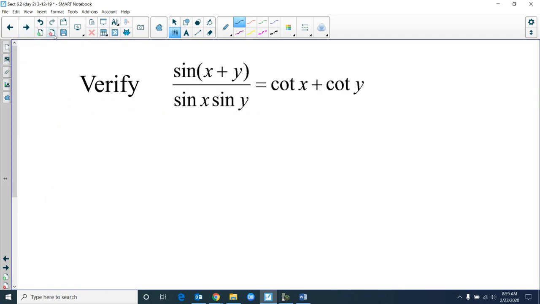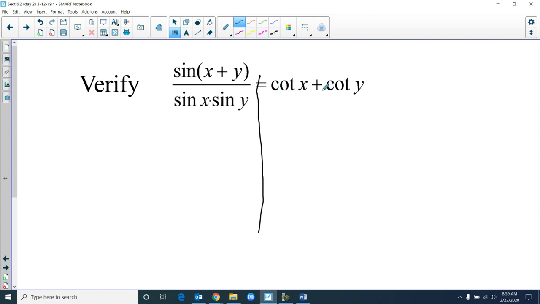All right, last one. All right, another identity set up a little bit differently. Sine of x plus y divided by sine of x times sine of y equals cotangent of x plus cotangent of y. All right, so we got to get this to match up.